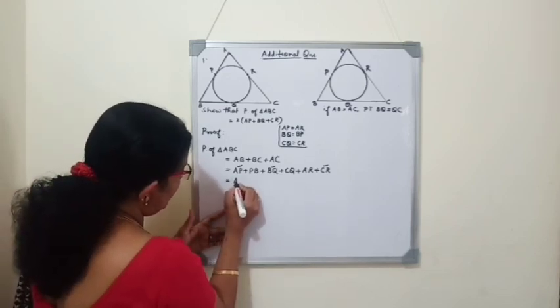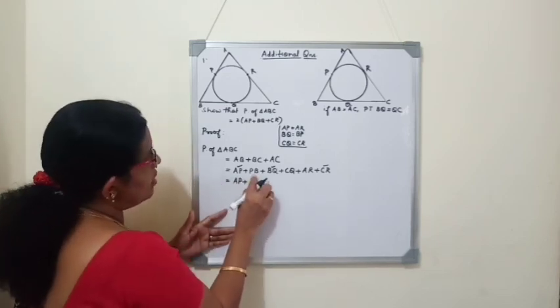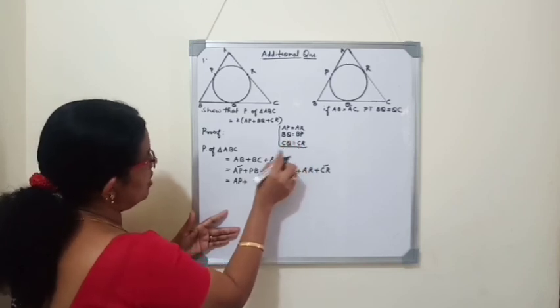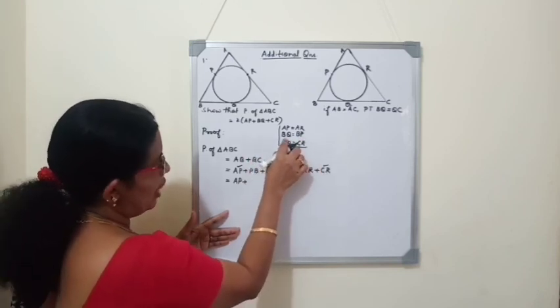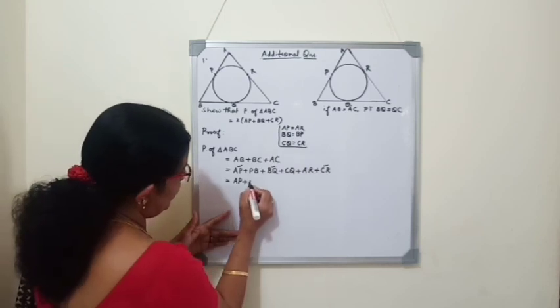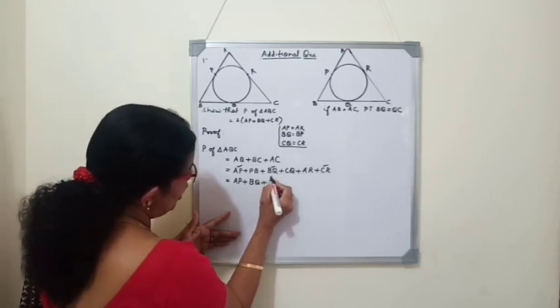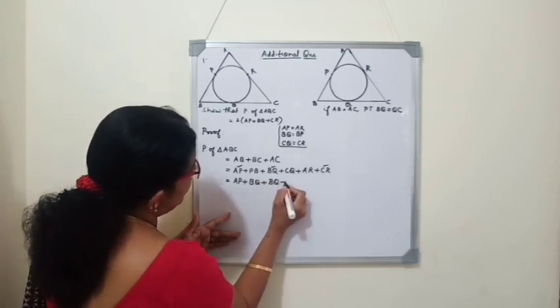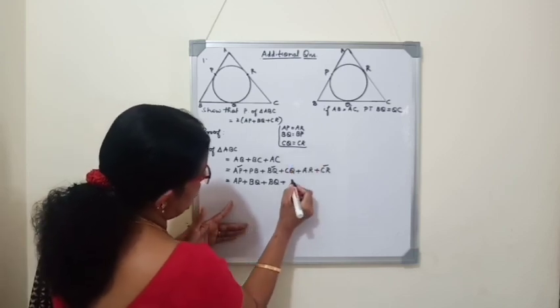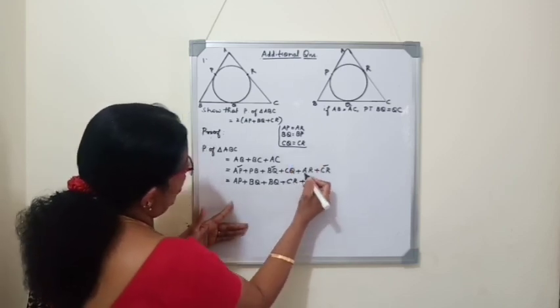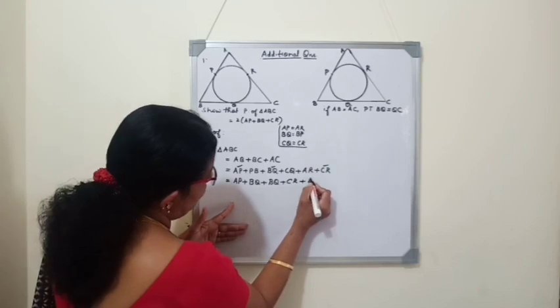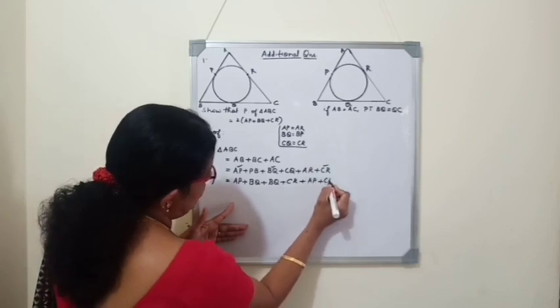So, how will we write? AP as it is we will write. Instead of PB, we will write BQ. PB and BP are the same. BQ as it is we will write. And CQ we will change to CR. Plus AR we will change to AP. And CR is as it is.